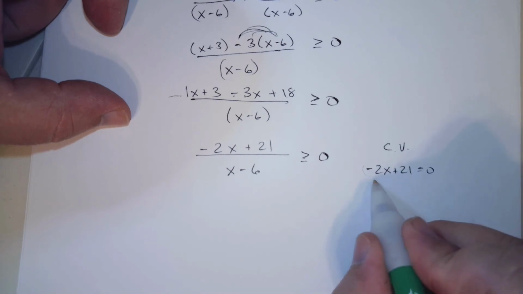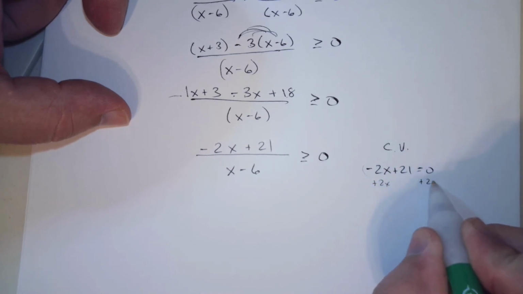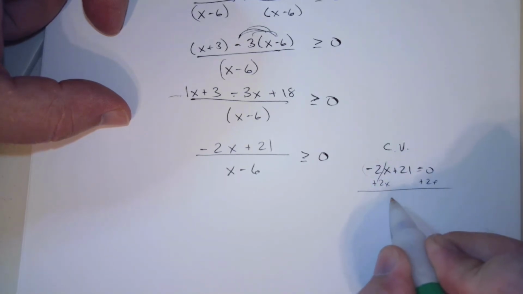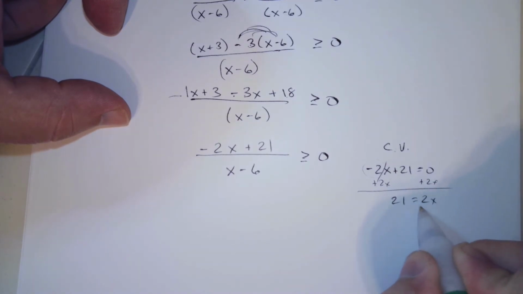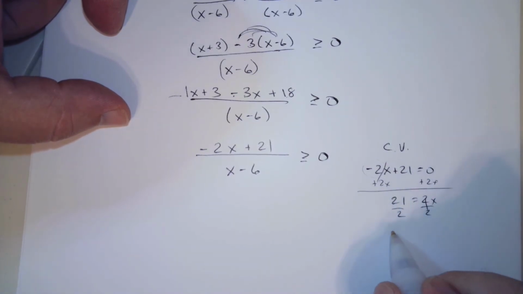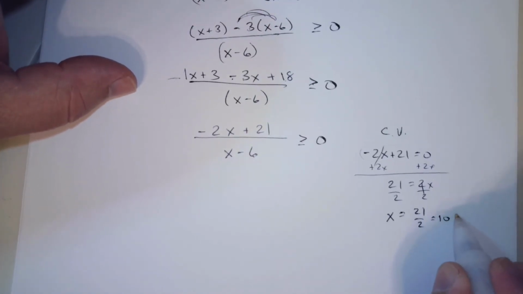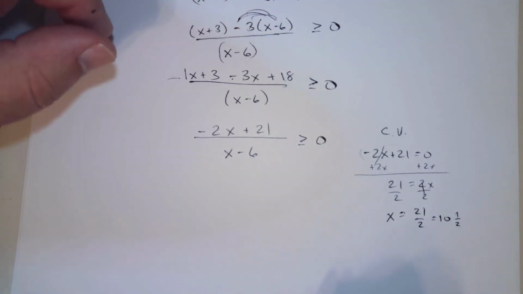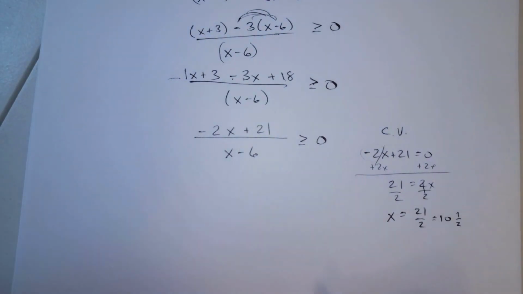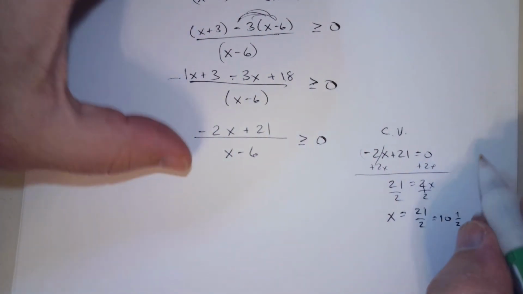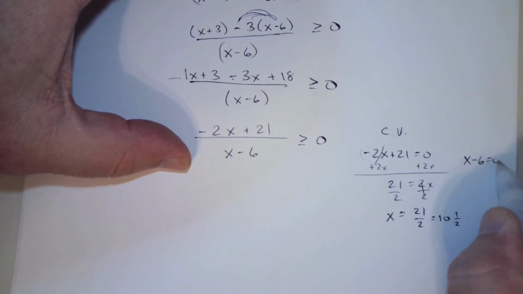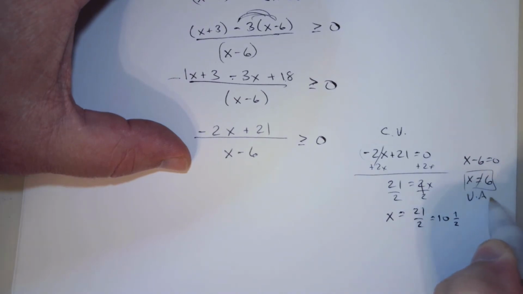I'll just add 2x to both sides to get rid of that negative sign. So 21 equals 2x, divided by 2, so x equals 21 over 2, which is 10 and 1/2. And I take the bottom set equals 0. X minus 6 equals 0. So x equals 6. That's my vertical asymptote.